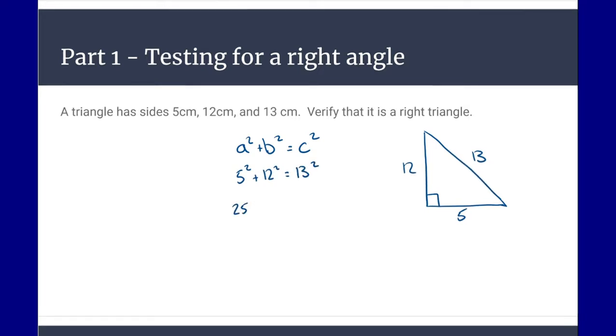So 25 plus 144 should equal 13 squared, or 169. And we get that 25 plus 144 is 169, which does equal 169. So this does work. This is a right triangle.